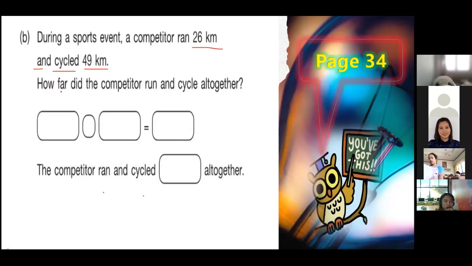So the question is how far did the competitor run and cycle all together? If you add 26 kilometer and 49 kilometer, what will be the answer?